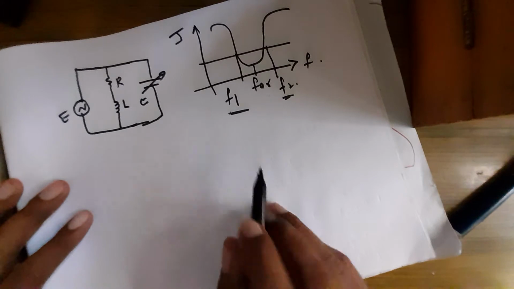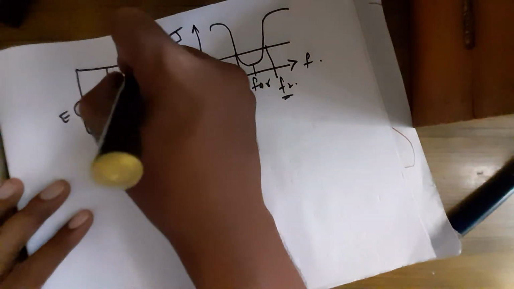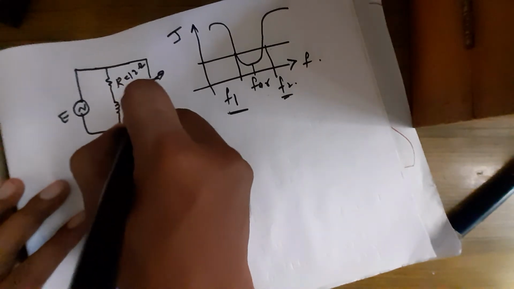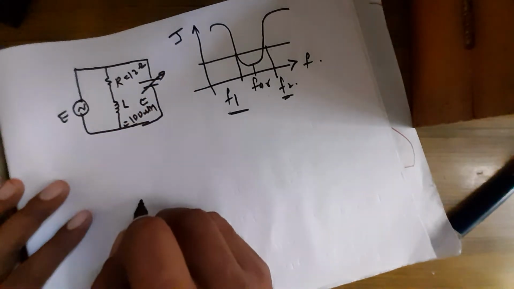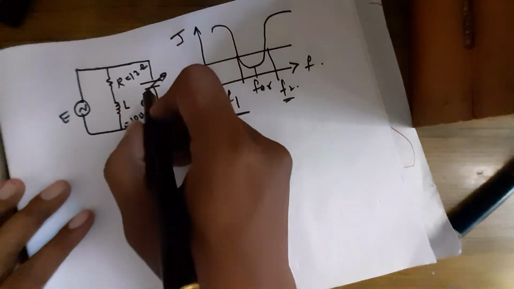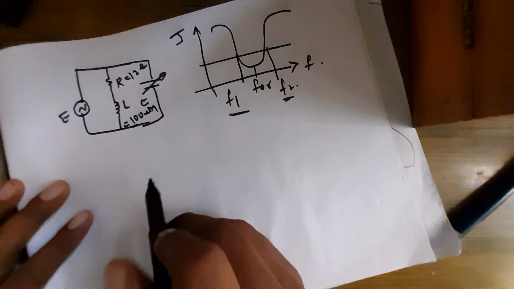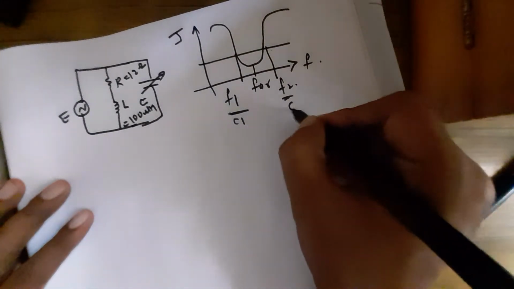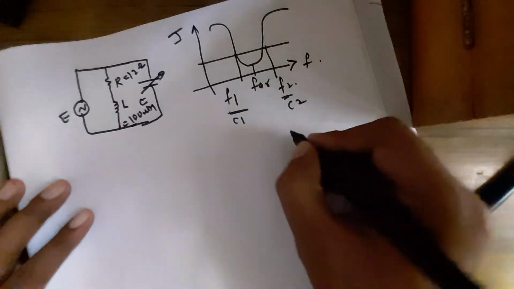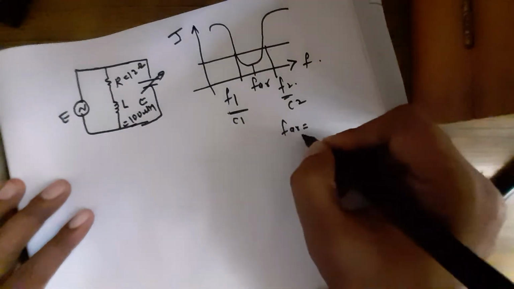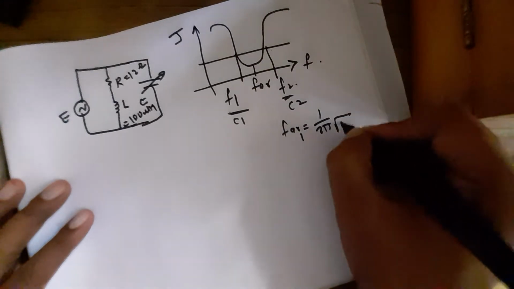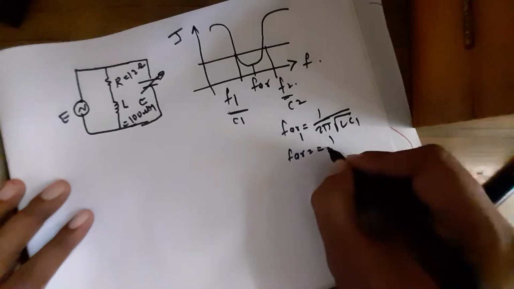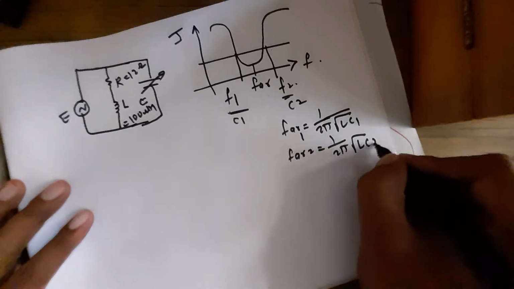The R value given is 12 ohm, the L value is 100 microhenry, and the C value is variable. Every C value has two values: for F1 we get C1 and for F2 we get C2. The formulas are FAR1 equals 1 upon 2 pi under root of L into C1, and FAR2 equals 1 upon 2 pi under root of L into C2.